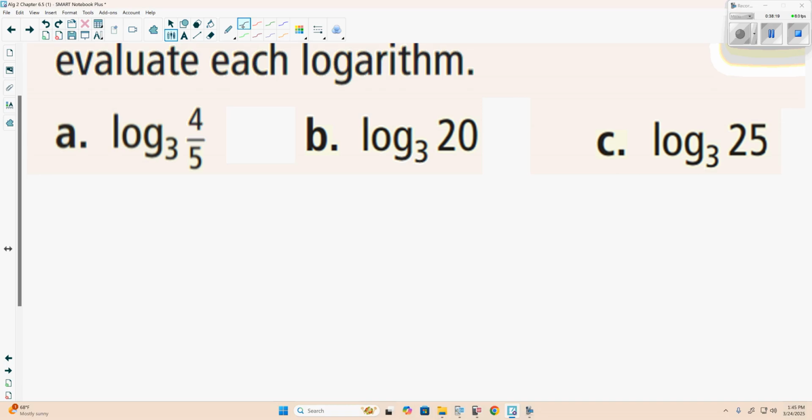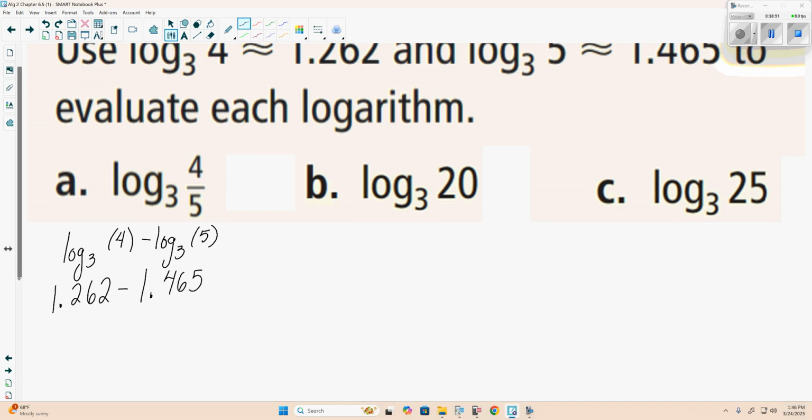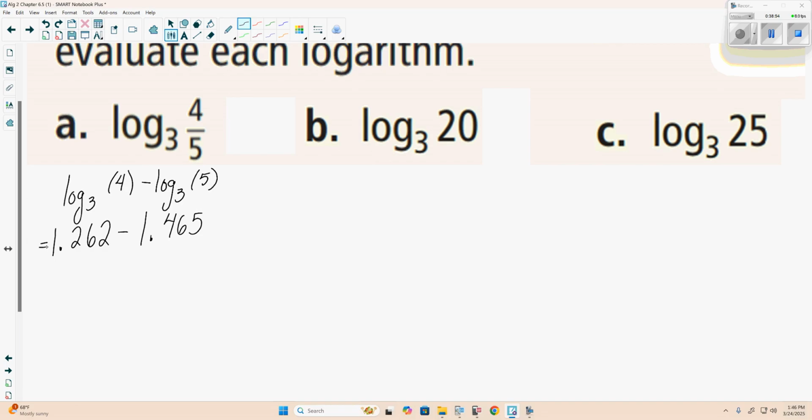Now looking at this here, log base 3 of 4/5 is going to be the same as log base 3 of 4 minus log base 3 of 5.